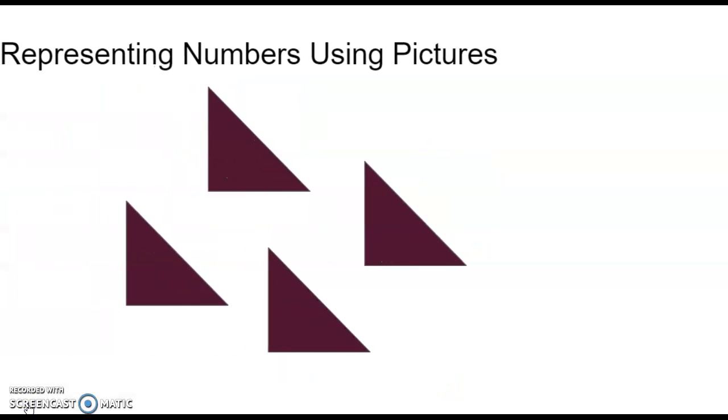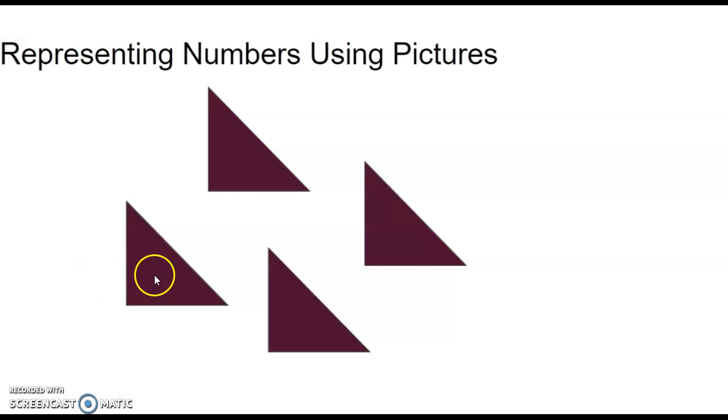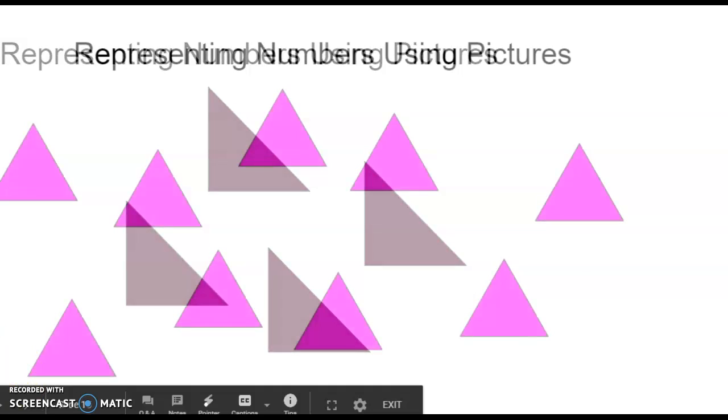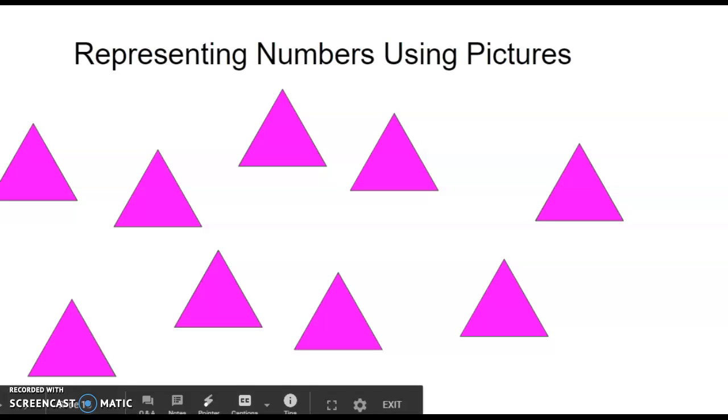Ooh, look at these triangles. How many triangles are we representing here? Couple of seconds. If you said 4, 1, 2, 3, 4, you are correct. Oh, wow. Now look here. How many groups of triangles am I representing here? I'll give you a couple of seconds.